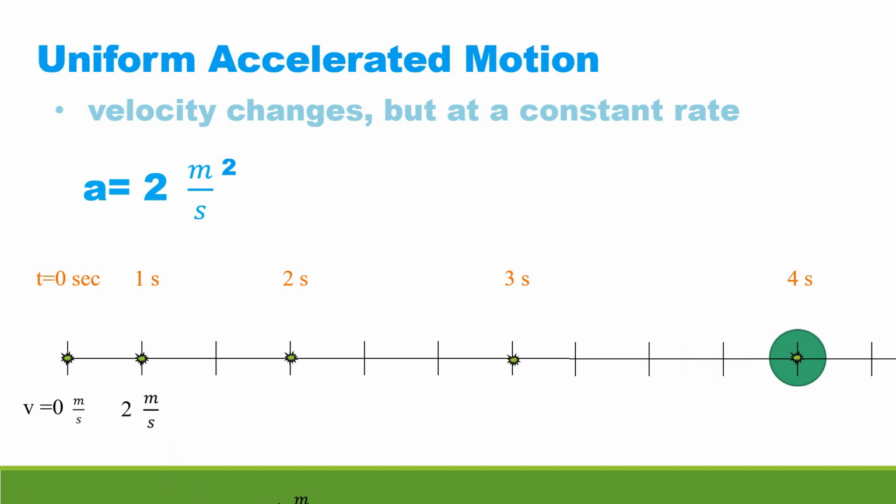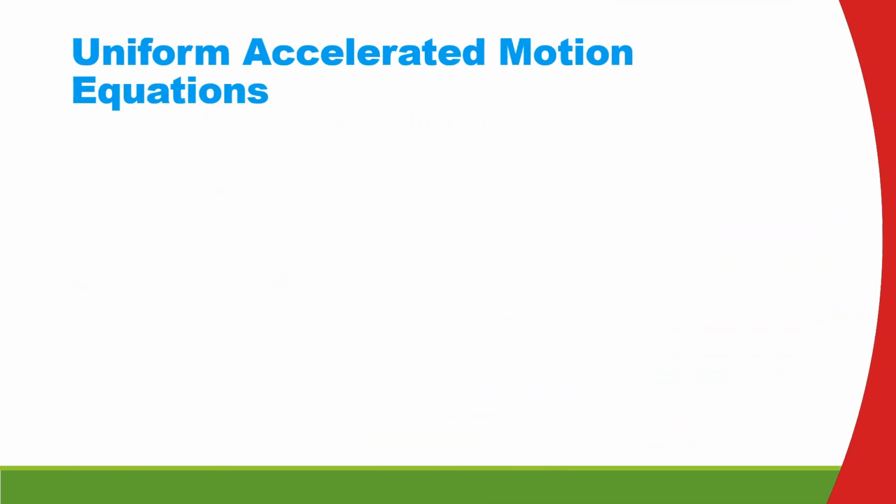Since we have a uniform accelerated motion, this means the ball's velocity will increase again by 2 after a second, making it 4 meters per second. Next is 6 meters per second, and lastly 8 meters per second. Notice that the velocity will change even if the acceleration is constant.